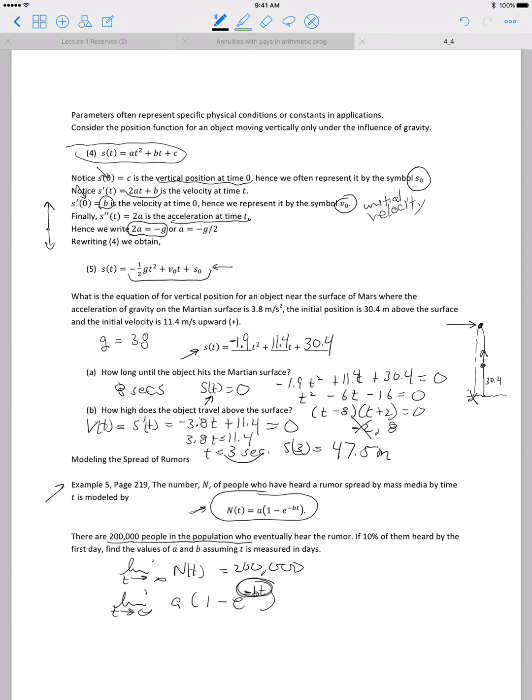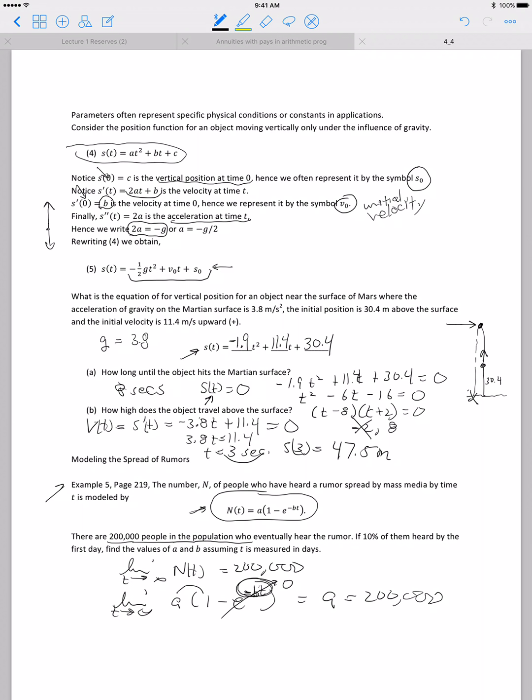If I have an exponential raised to a power that's going to negative infinity, this term will be approaching 0. And so I'm only left with a times 1 in the limit. Therefore the parameter a represents the total number of people who will ever hear the rumor. So we're going to substitute that value in for a into our model.